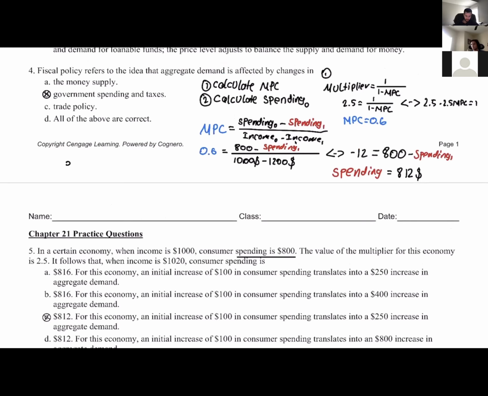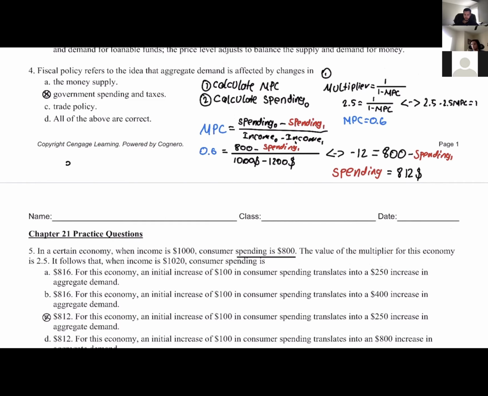We're given that when income is $1,000 and consumer spending is 800, the value of the multiplier of this economy is 2.5. It follows that when income is 1,020, consumer spending is what? Basically what you're trying to calculate is this missing spending variable. The first thing you need to do, given the multiplier, is calculate the marginal propensity to consume.